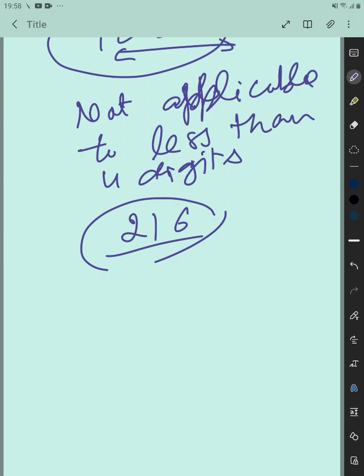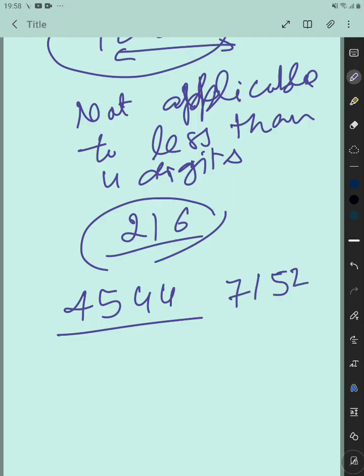Let's write some numbers and see. Let's take any random numbers that are divisible by 8. This is divisible by 8.